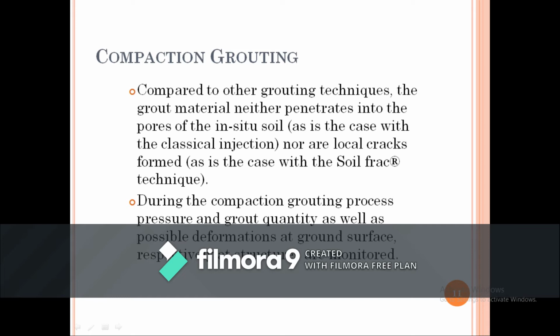See, in compaction grouting, you are just creating a ball shape at the end of the tube or pipe. You inject the mixture into the tubes or pipes, so there are no chances of local cracks being created, and the grout neither penetrates, because you have a pipe.